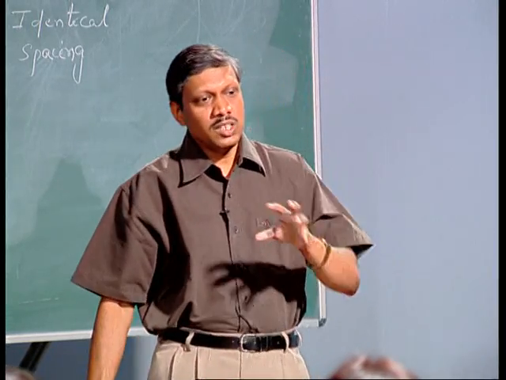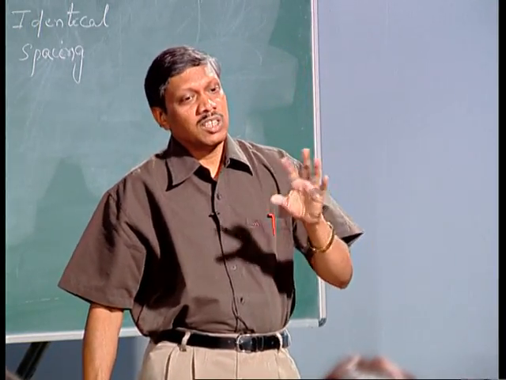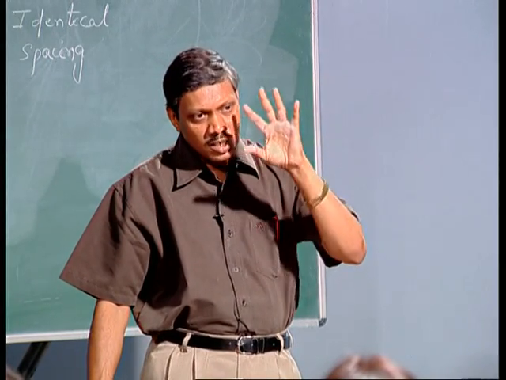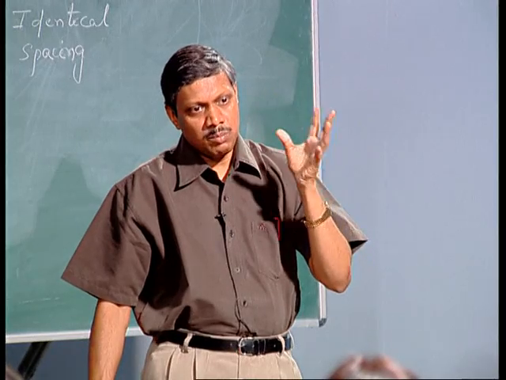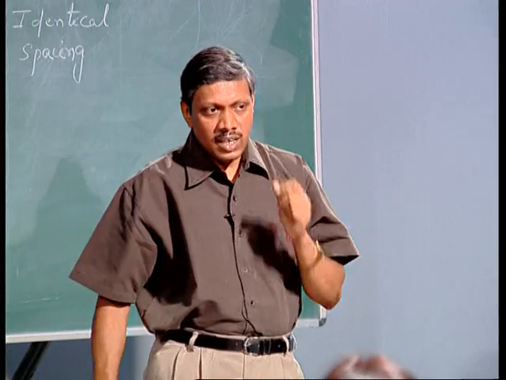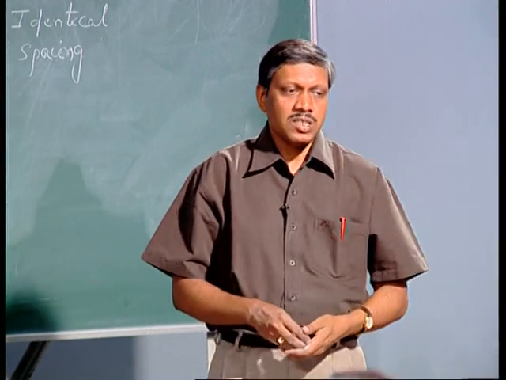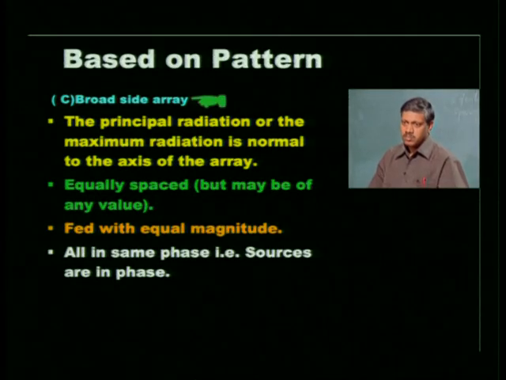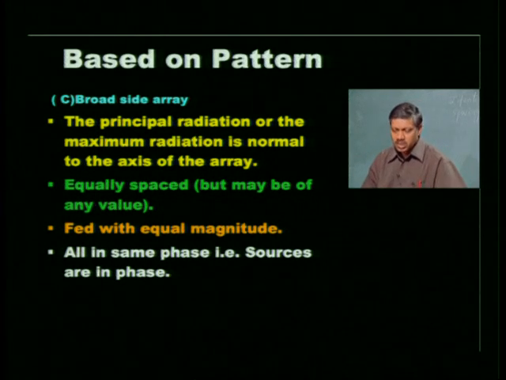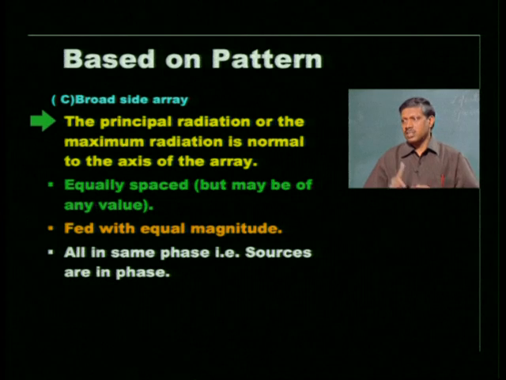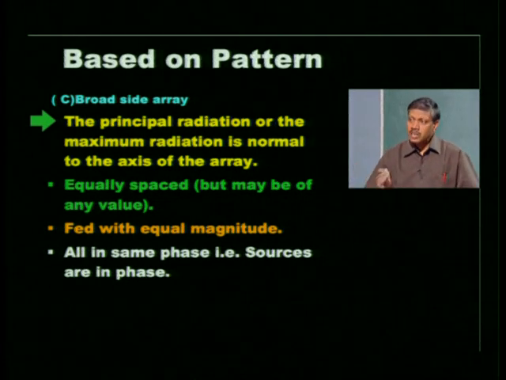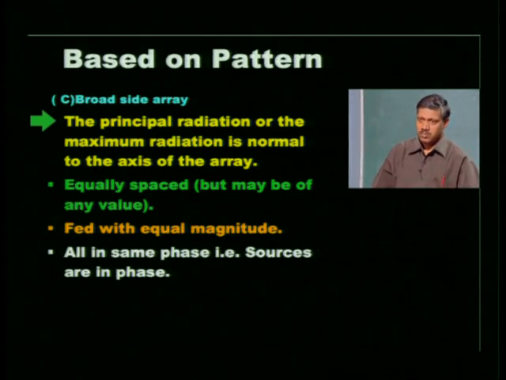Now, we are looking at it based on the space parameter, which means our prime attention will be on the pattern, and based on the pattern, how do we classify the antenna array. In that group, the first group is the broadside antenna array. Here the principal radiation, the maximum radiation, is perpendicular to the array axis.